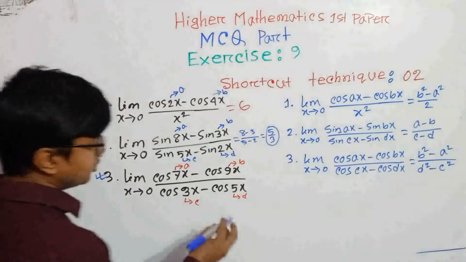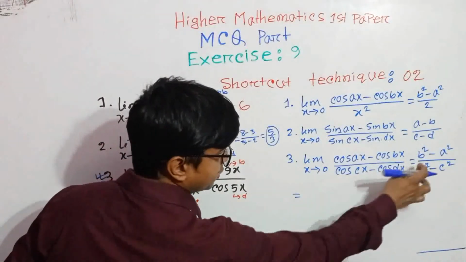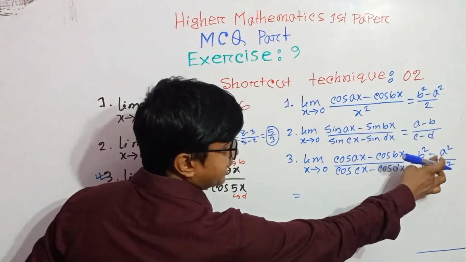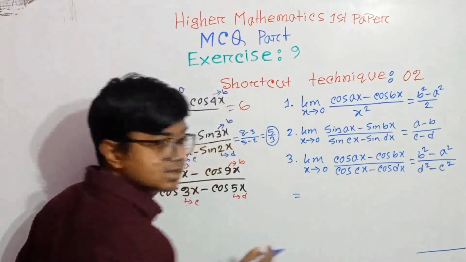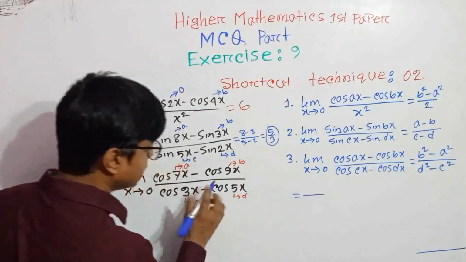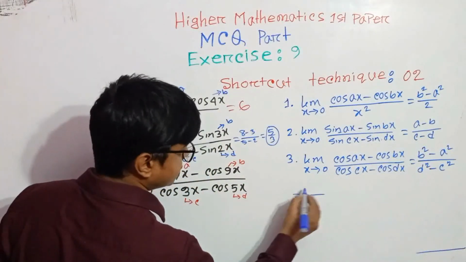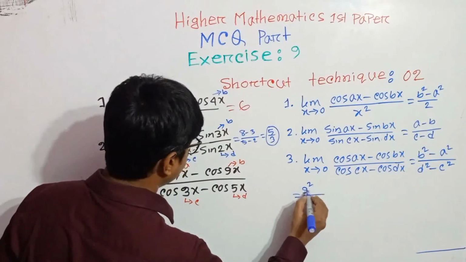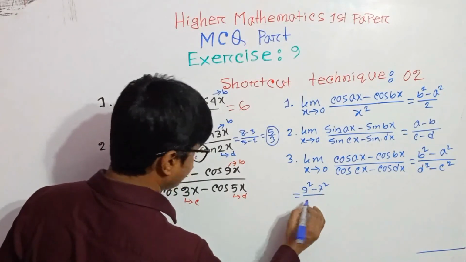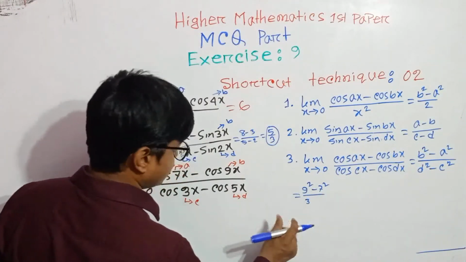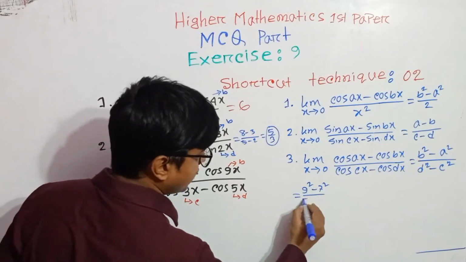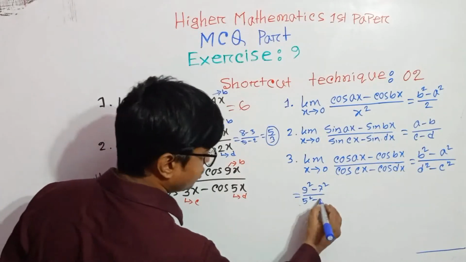So our calculation will be, here the formula is b square minus a square by d square minus c square. So answer will be 9 square minus 7 square by 5 square minus 3 square.